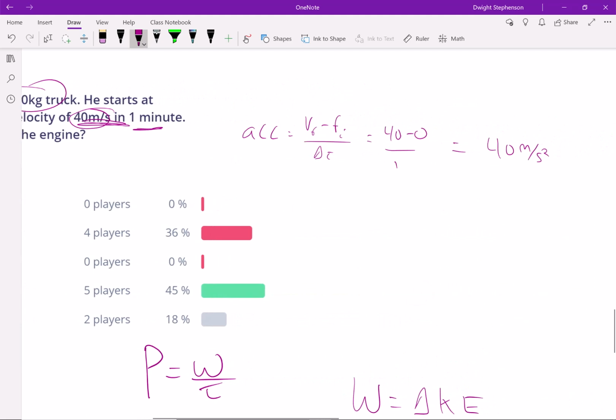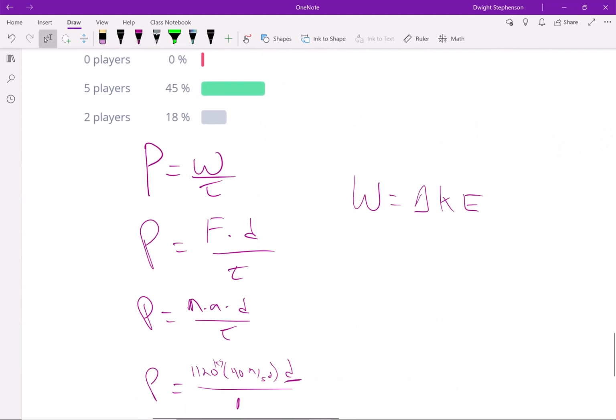And how much kinetic energy did he have when he ended? Well, 40, so kinetic energy is 1/2 mass times velocity squared. So his final kinetic energy is 1/2 times 1120 times his velocity squared.